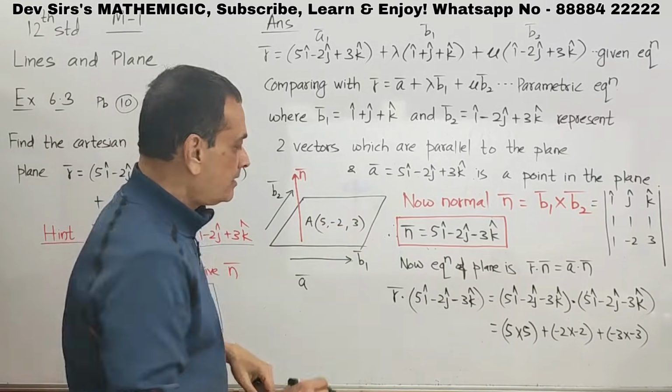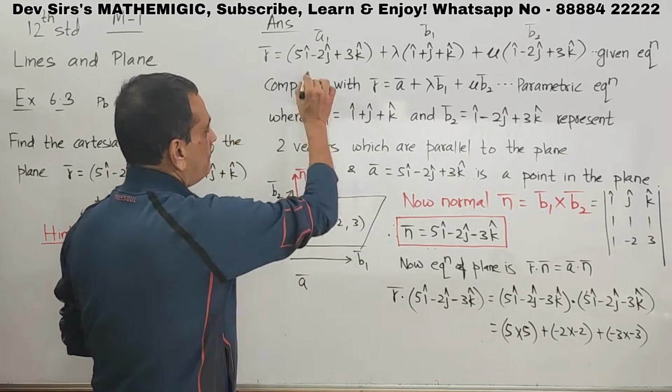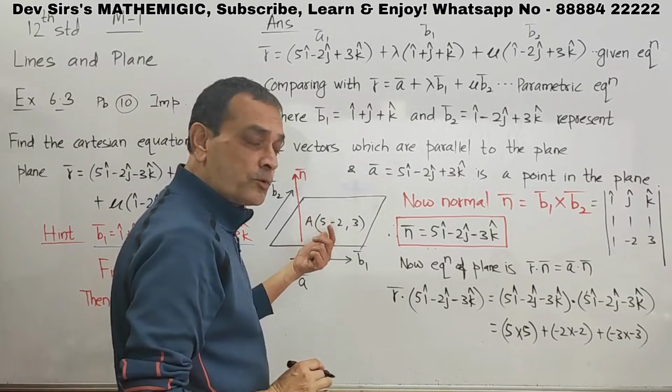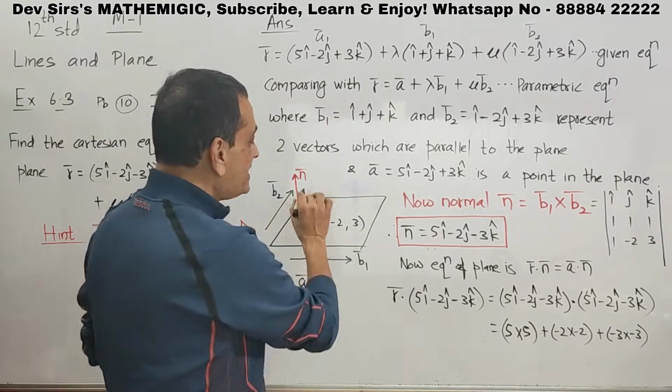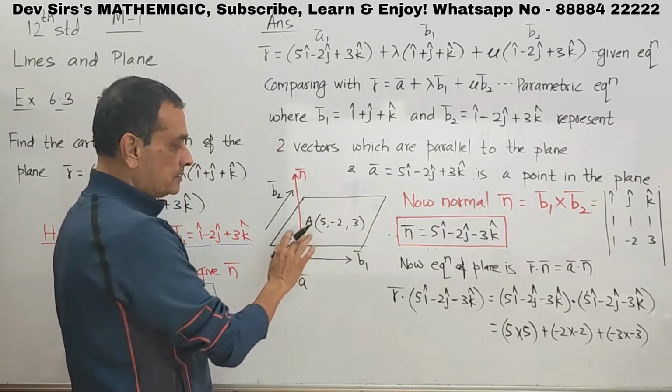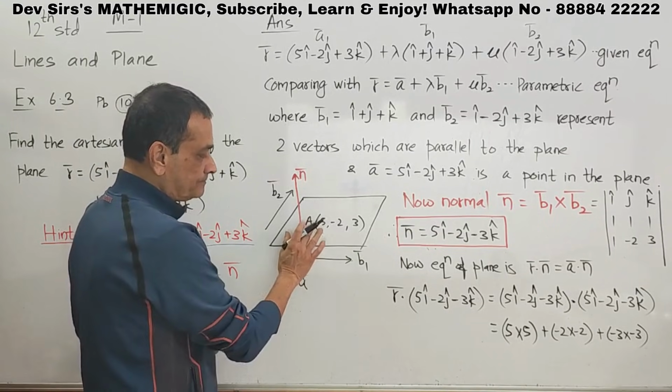It is the same thing, but this I have written in the coordinate form. So A bar represents the position vector of the point A which lies in the plane. Clear?